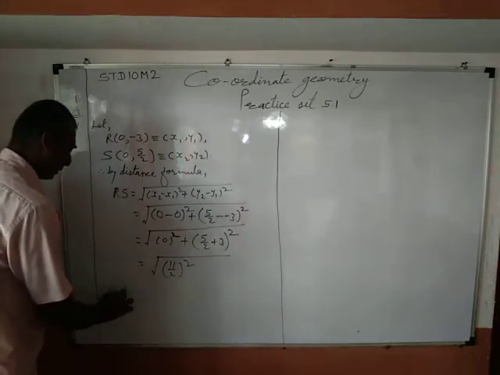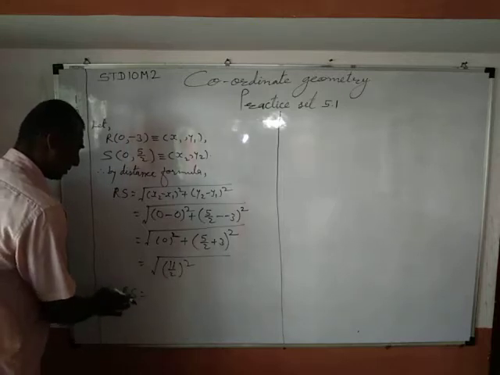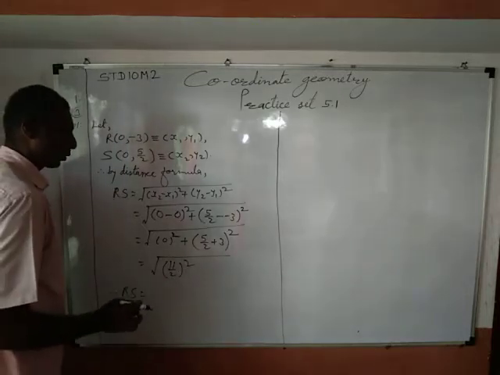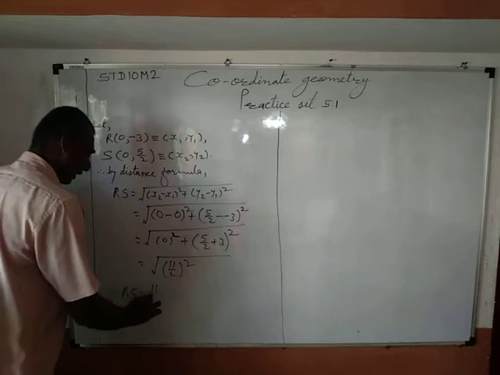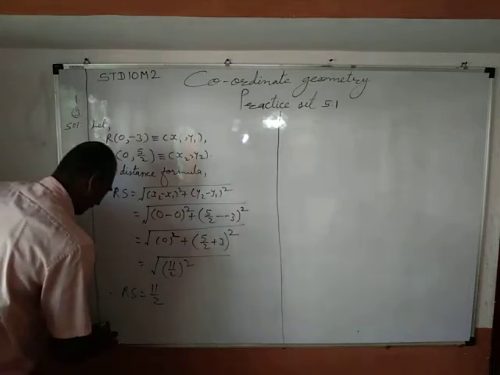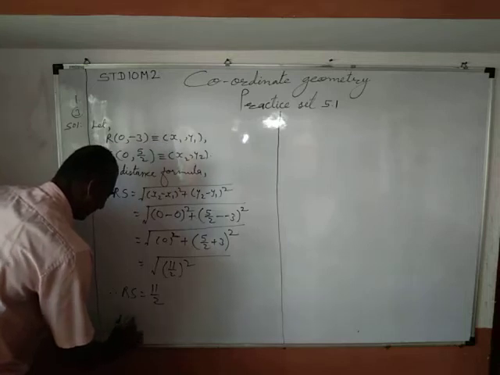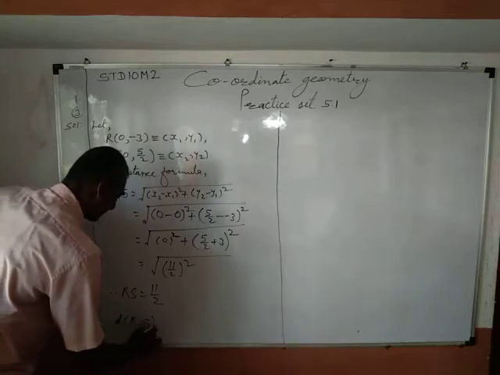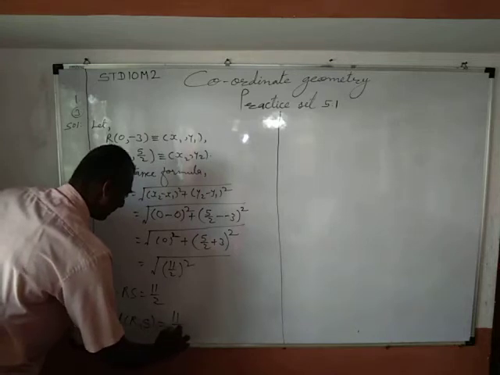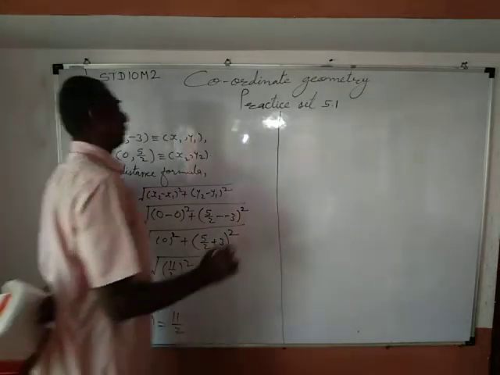Therefore, RS equals under root (11 upon 2) bracket square means 11 upon 2. Therefore, distance between R and S is 11 upon 2.